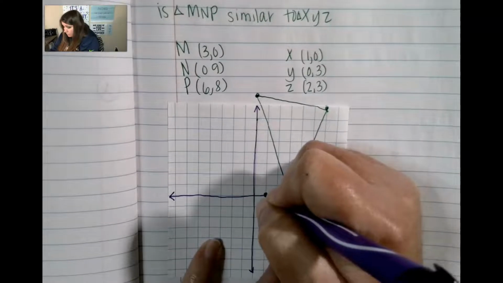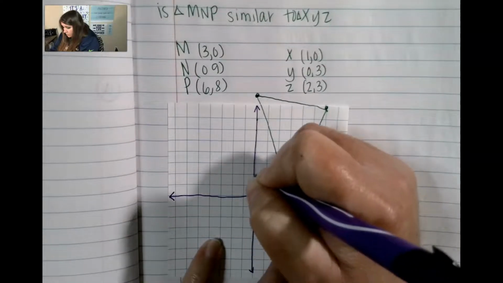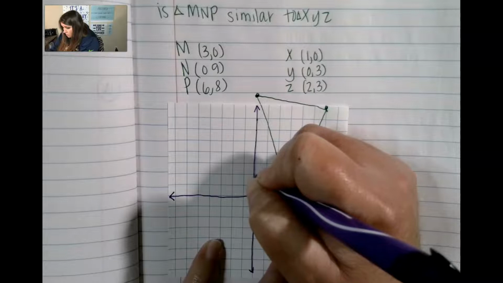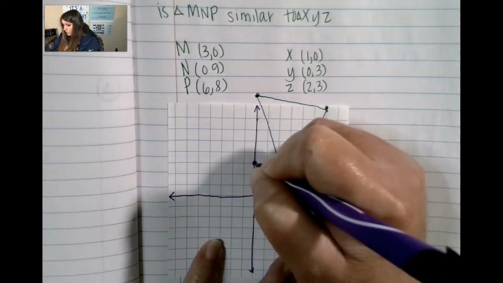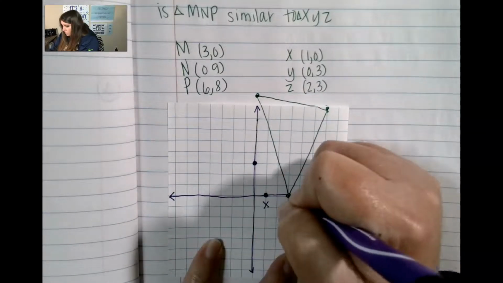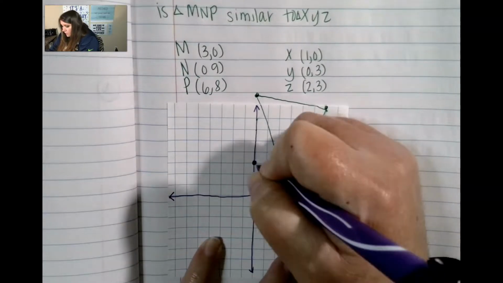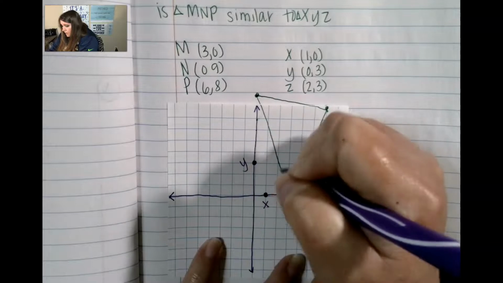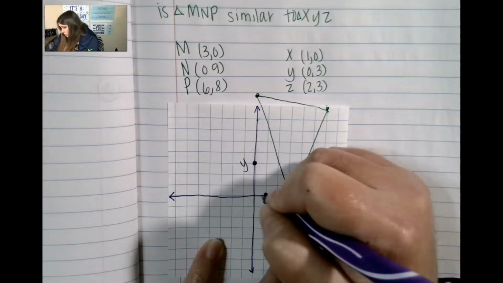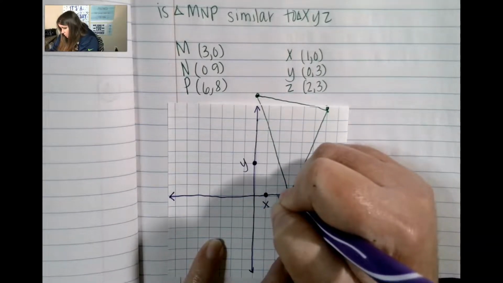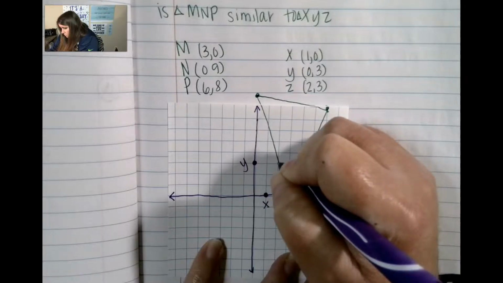Y is at 0, 3. 0, 1, 2, 3. Or maybe it's times 3. It's right here. 1 times 3 would give you 3. Sorry. That one's times 3. X, Y. Okay, and then the last one is at 2, 3. Over 2. 1, 2, 3.